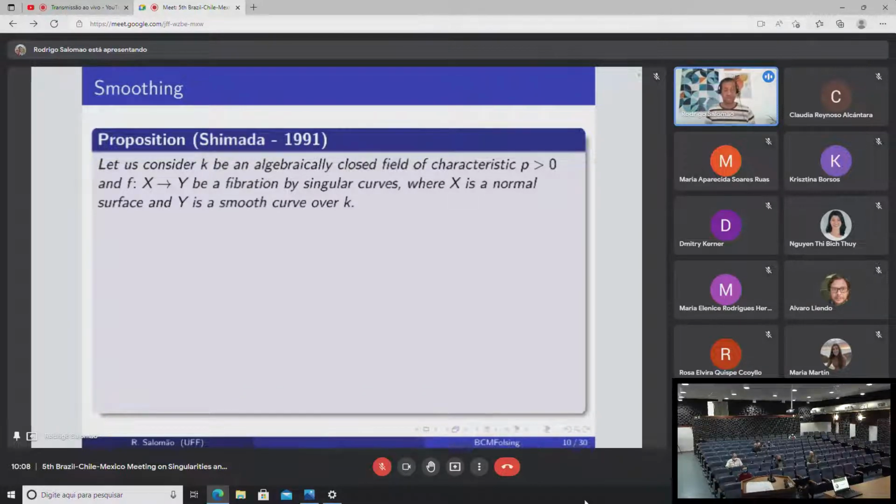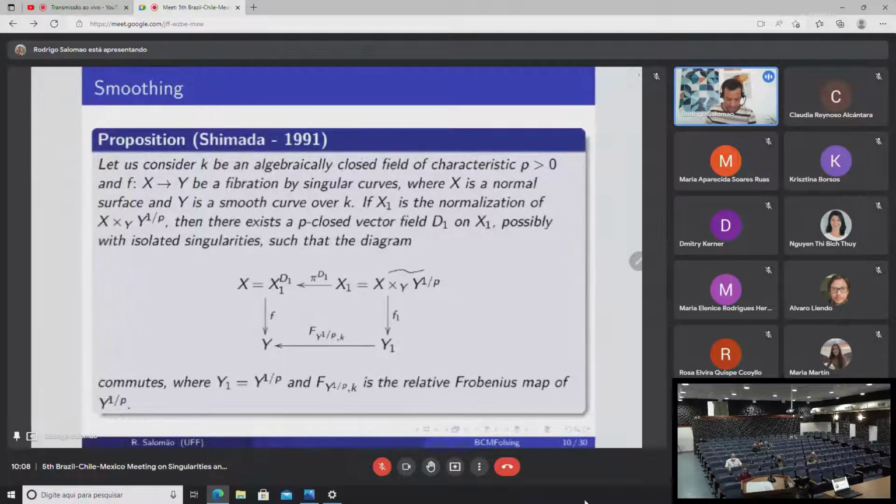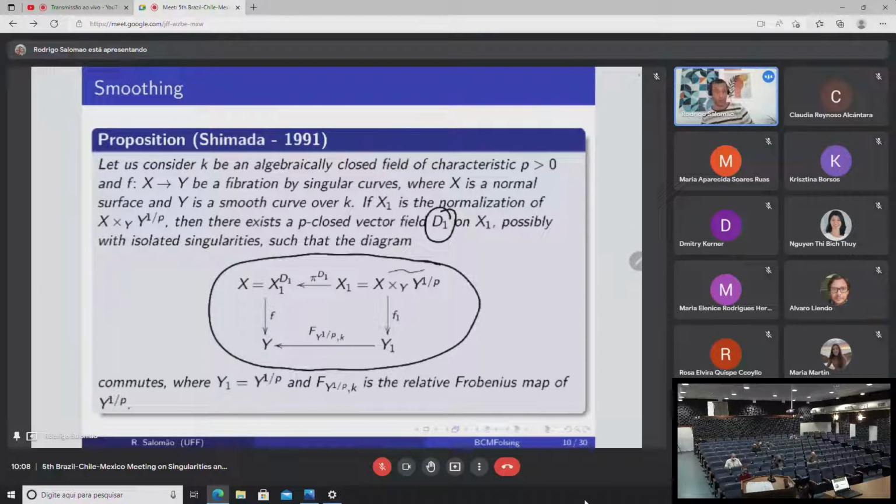So in general, Shimada proved that if we consider an algebraically closed field of characteristic 0 and a fibration by singular curves F, where X is a normal surface and Y is a smooth curve, and if X1 is the normalization of this fiber product here, then we can obtain a vector field D1 on X1 such that this diagram here commutes.